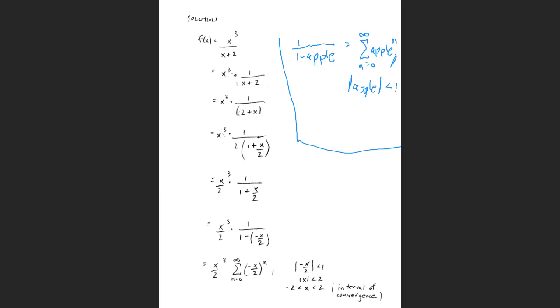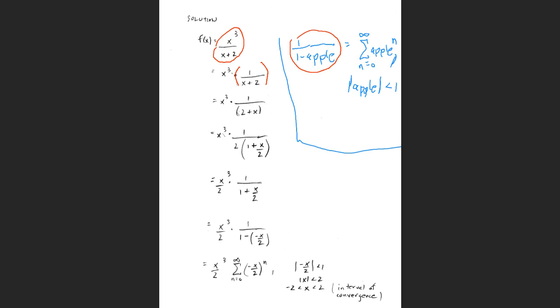So what I do is I try to make my function resemble my apple formula. The x cubed on top, I'd like a 1 on top. So I'm going to factor out an x cubed from the numerator, and I can worry about x cubed later.